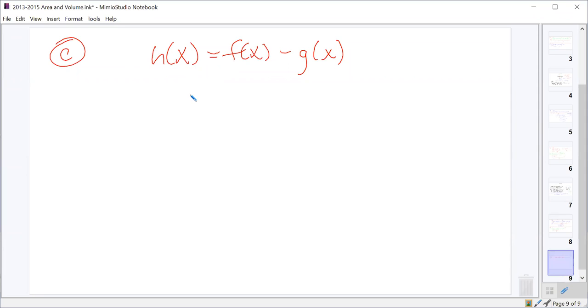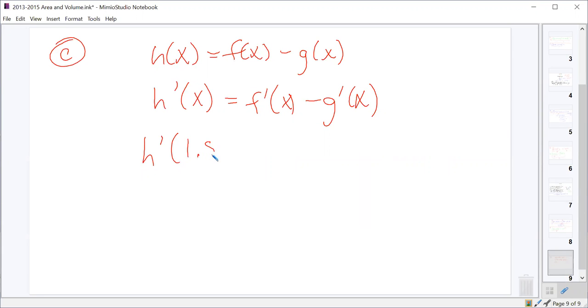Derivative. The derivative. So we are looking at h prime of x, which should be f prime of x minus g prime of x. And if we want h prime of 1.8, that should just be f prime of 1.8 minus g prime of 1.8.